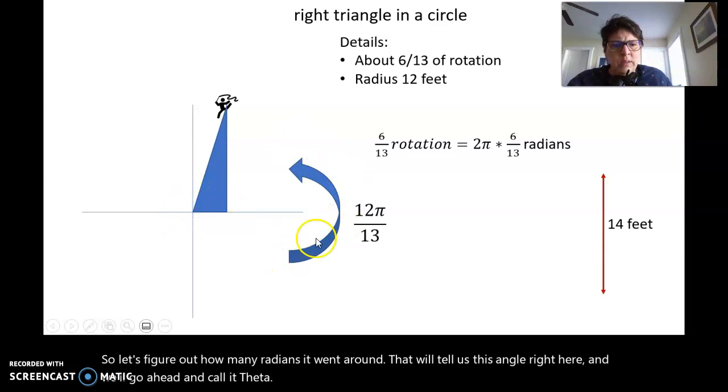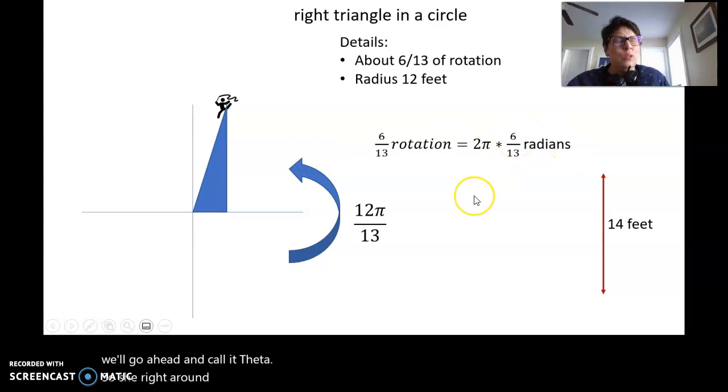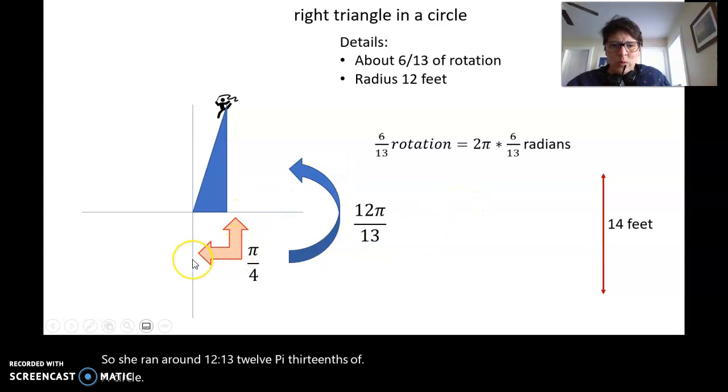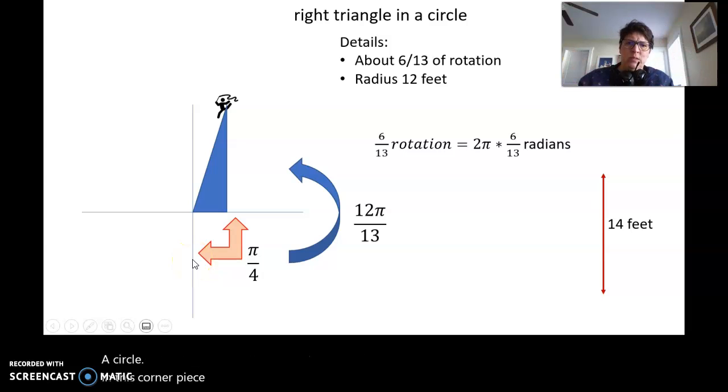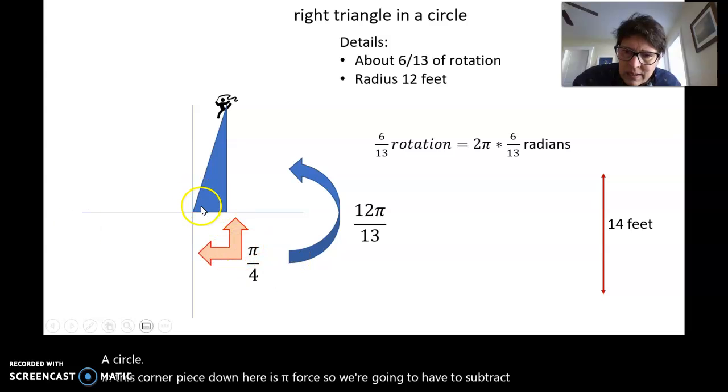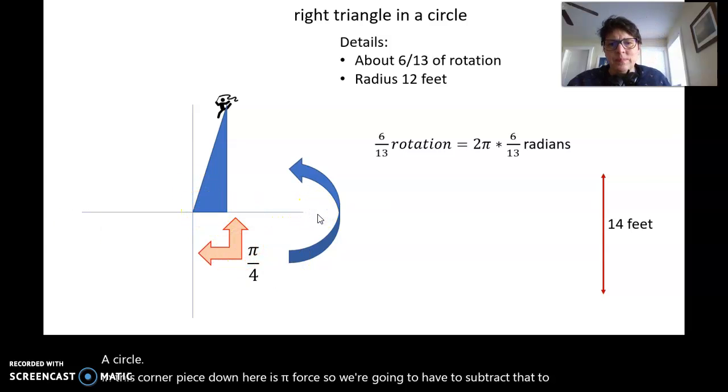So she ran around 12 pi 13ths of a circle. And this corner piece down here is pi fourths. So we're going to have to subtract that to get our theta, our angle.